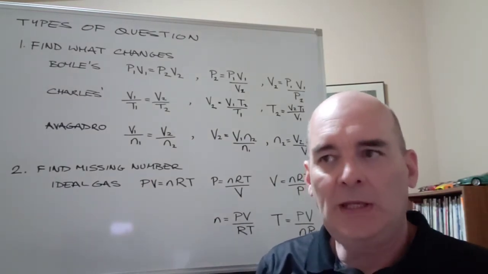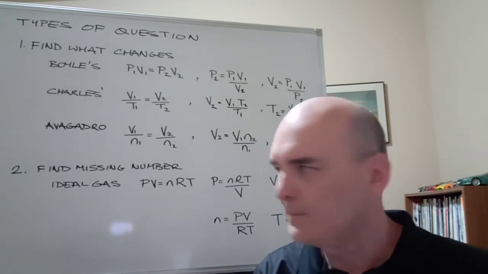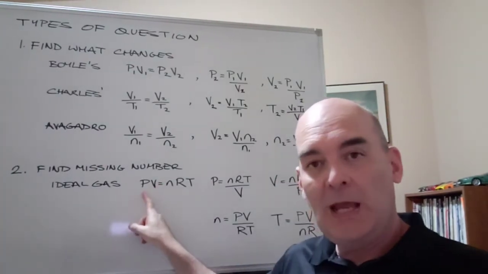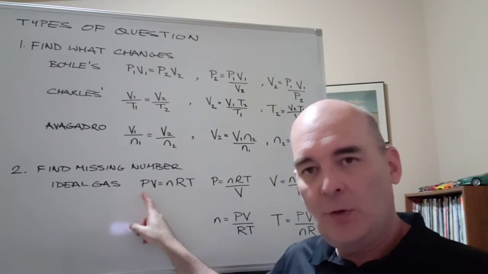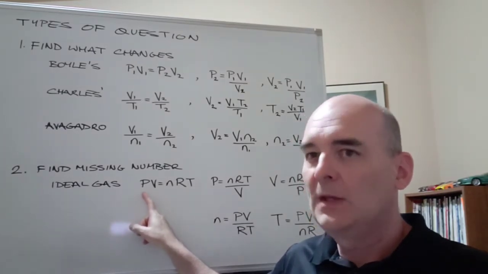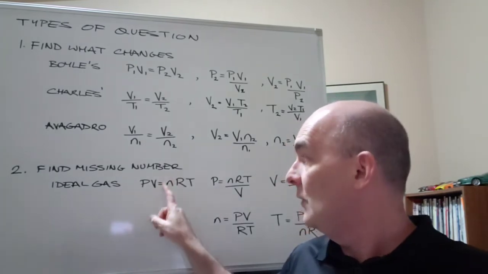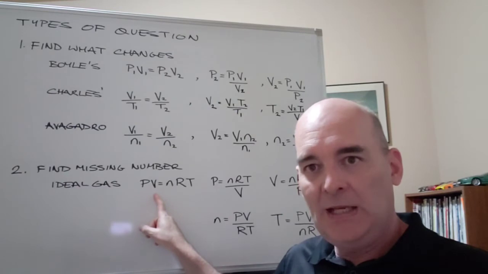Tricks for the ideal gas equation: pressure must be in atmospheres. If it's given to you in the question in millimeters of mercury, you must convert it to atmospheres. 760 millimeters of mercury is 1 atmosphere. Volume must be in liters.